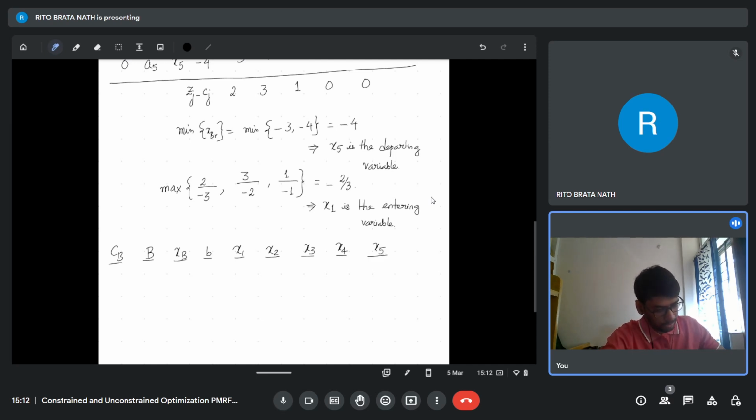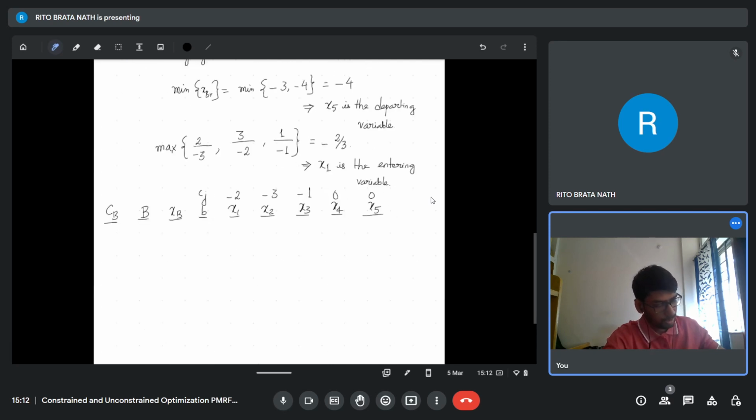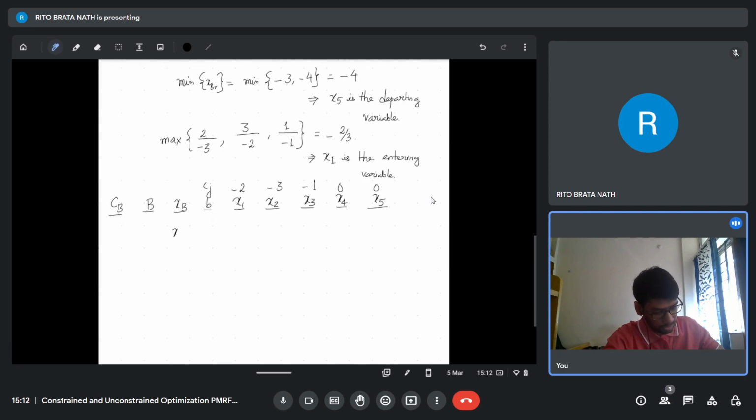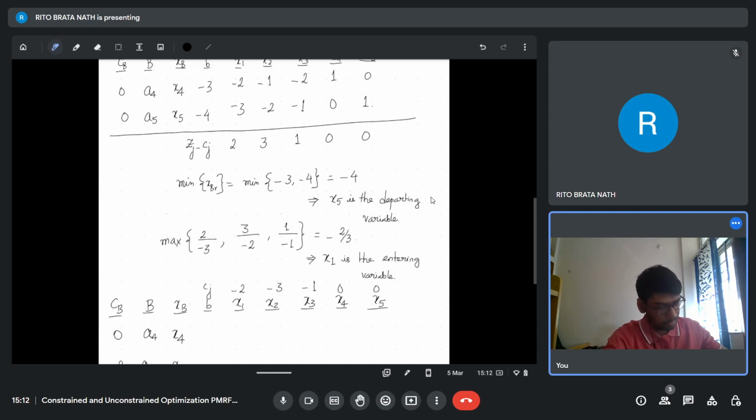And you can write down your CJ values as before, which is I think minus 2, minus 3, minus 1, 0, 0. And now what you have is x4 is in the basis, but instead of x5, you have x1 entered here. So this will be a4 and a1, and this will be 0, and this one will be minus 2, right? The right hand side, so now you have to decide the pivot element.